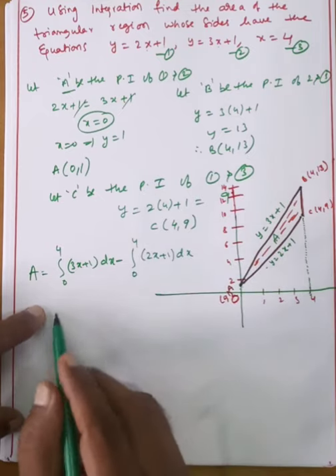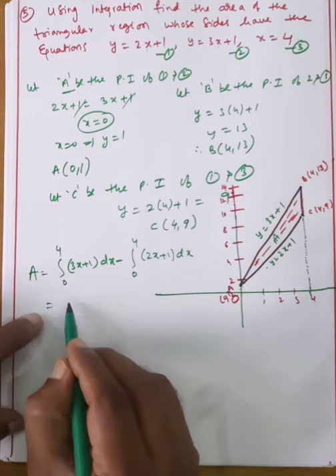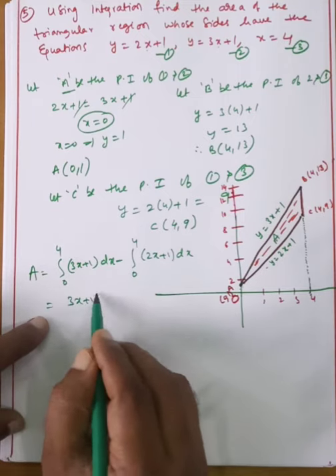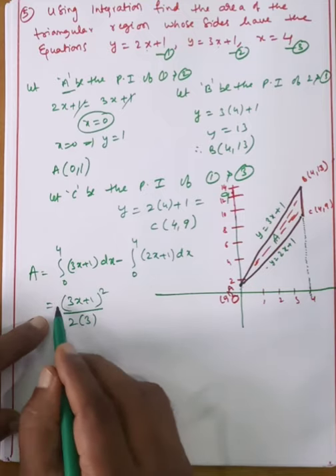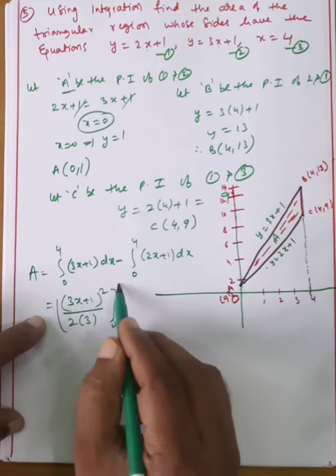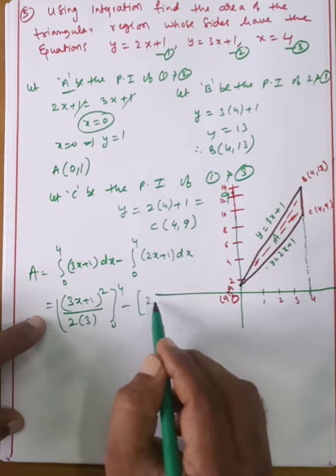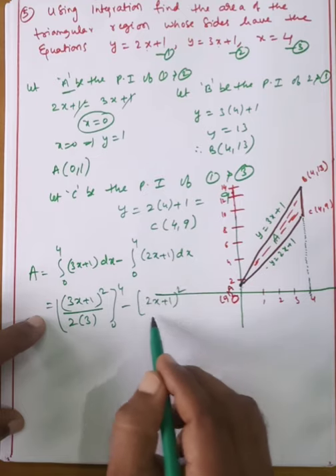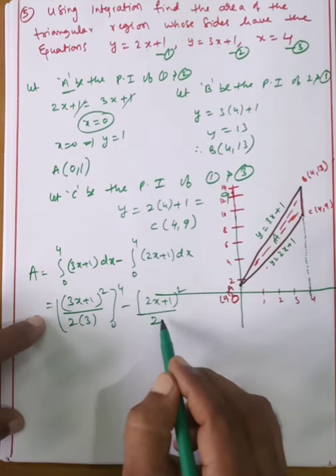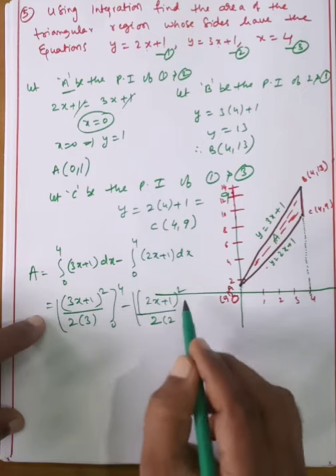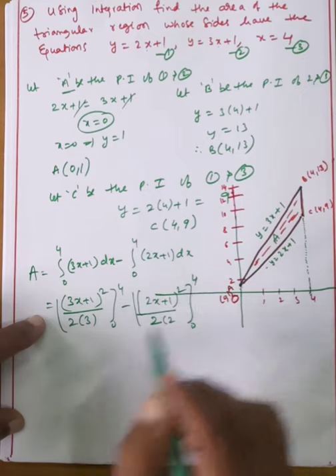Now this is the integral of 3x plus 1, which is (3x plus 1) whole square by 2 into 3. Why 3? Because the derivative of 3x is 3. Limits 0 to 4, minus here (2x plus 1) whole square by 2 into 2, because the derivative of 2x is 2. The limits are 0 to 4.